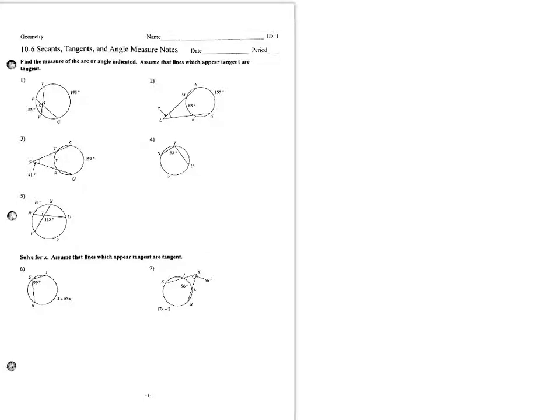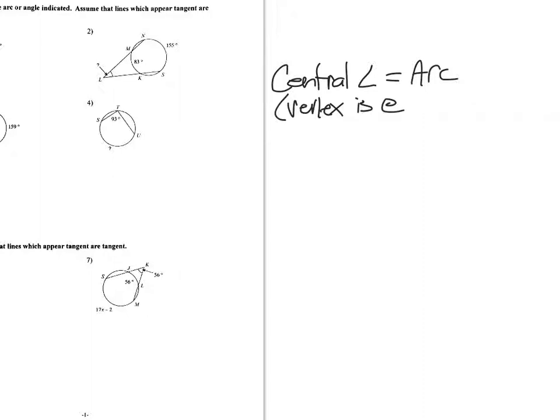Remember a central angle. A central angle is equal to the arc. What's a central angle? The vertex is at the center of the circle. What's another?